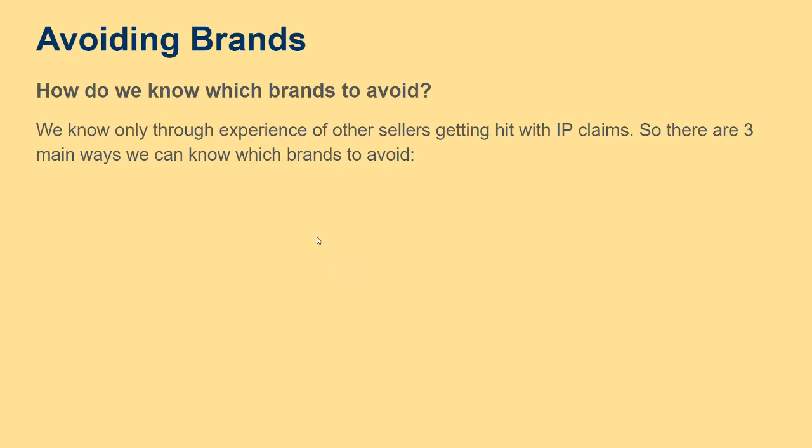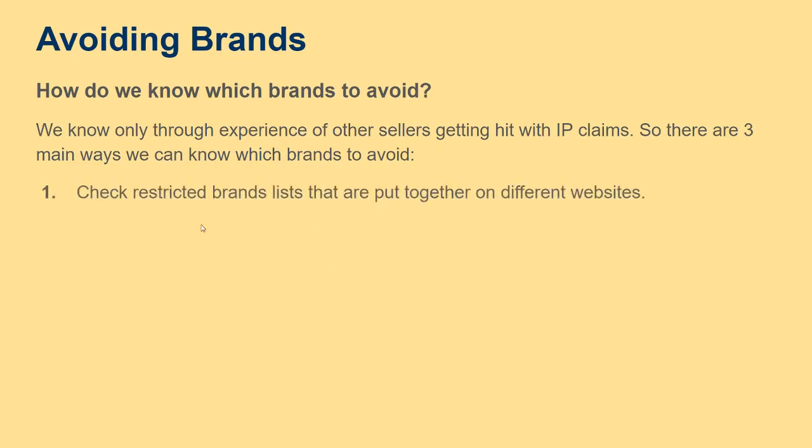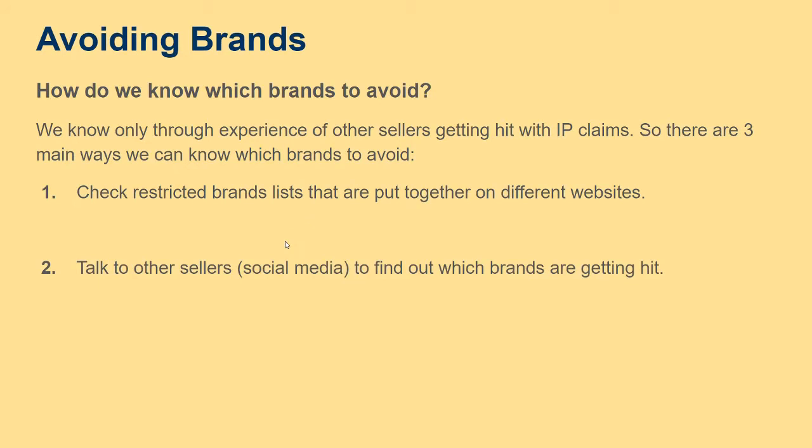So there are really three main ways that we avoid brands with that information. Number one is restricted brands lists that are readily available on Google, on different websites. They might also be in some Facebook groups, or there might be some different groups out there who have their own restricted brands lists as well. So that is one way to do it. Another way is social media, where you can talk to other sellers to find out which brands are getting hit.